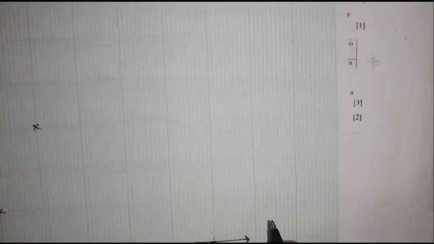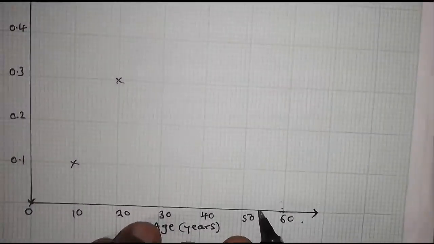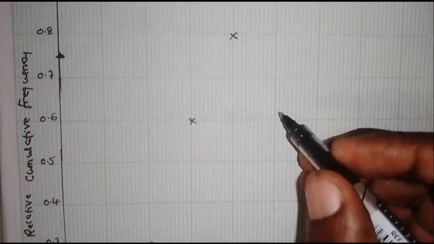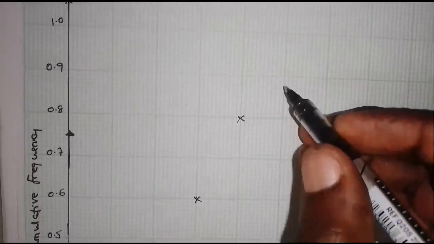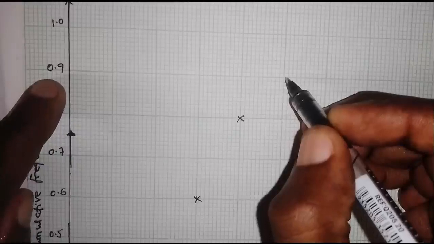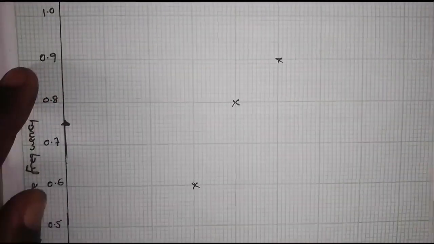And then 50, 0.9. This is the 50. Just follow this top line until you meet the 0.9 on your left side. So you put a star there or a dot if you like.